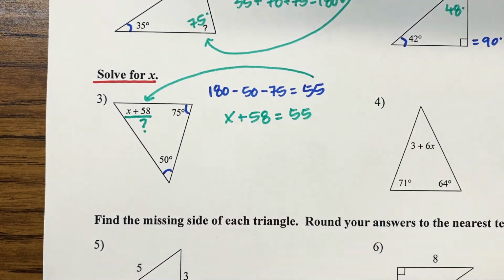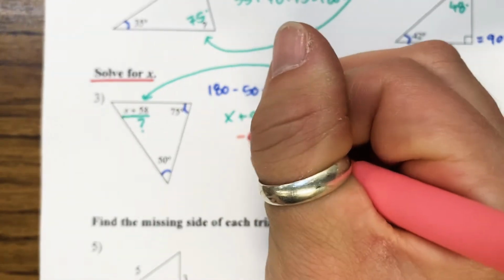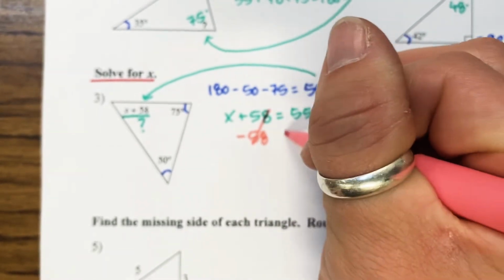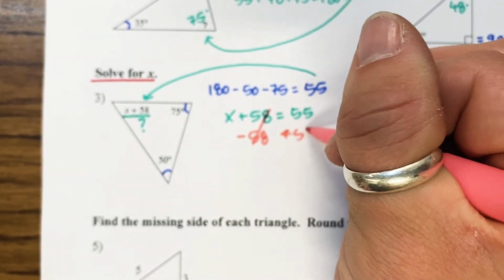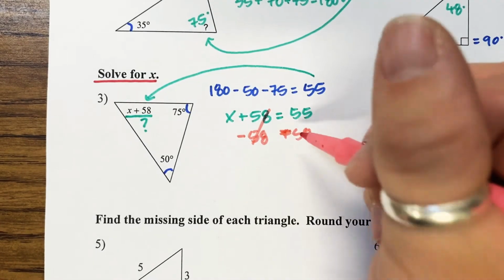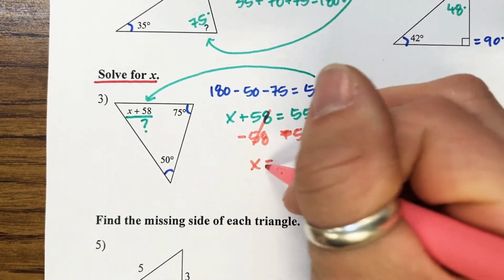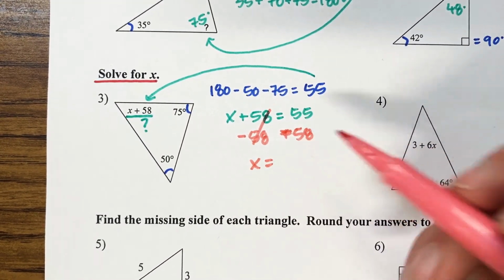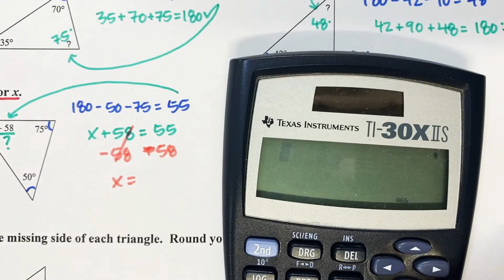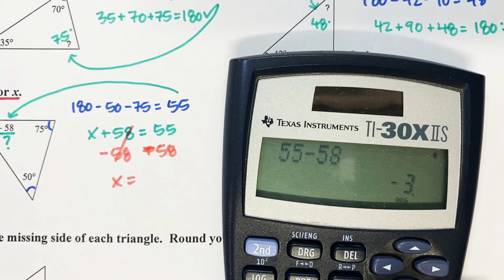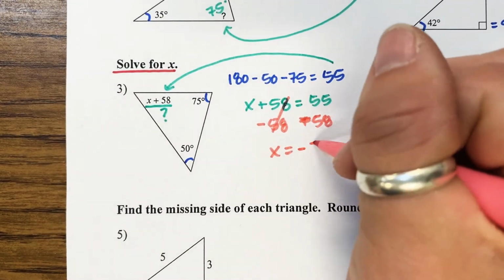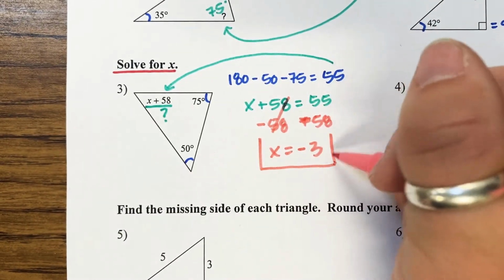What is the opposite of plus 58? We're going to subtract 58. So what is 55 minus 58? You can put this in your calculator if you want. We get x is equal to negative 3.